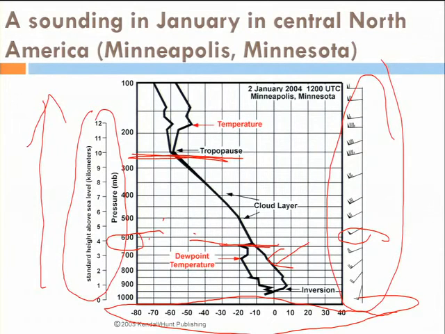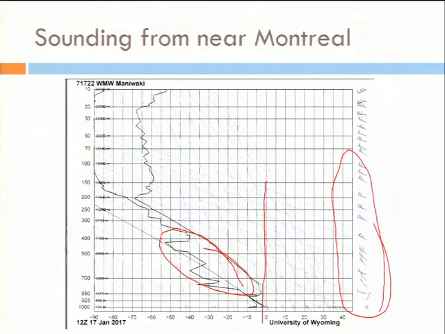So the vertical lines are lines of constant temperature, and the horizontal lines are lines of constant pressure or height. All of the other gray lines and curved lines are lines that I don't need you to worry about, at least for the next month or so.